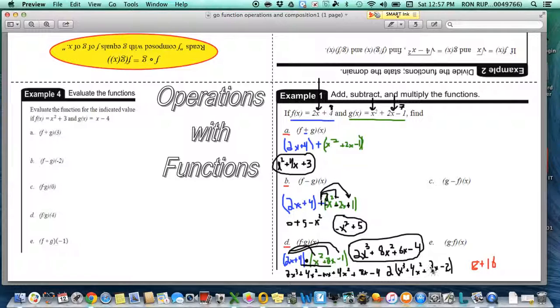Then we've got plus 3 times 2, which is 6, minus 2. So 8 minus 2 is 6. 6 and 6 is 12. 12 and 16 is 28. And 28 times 2 is 56. 8 times 7 is 56. So we checked our work.